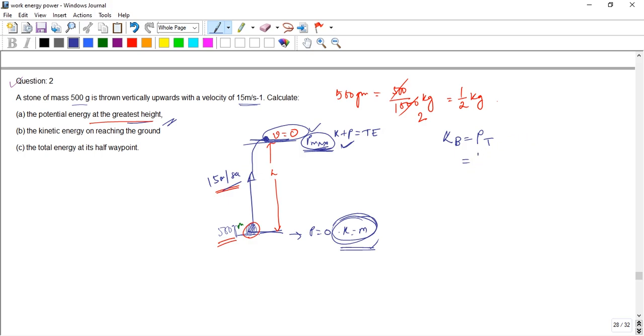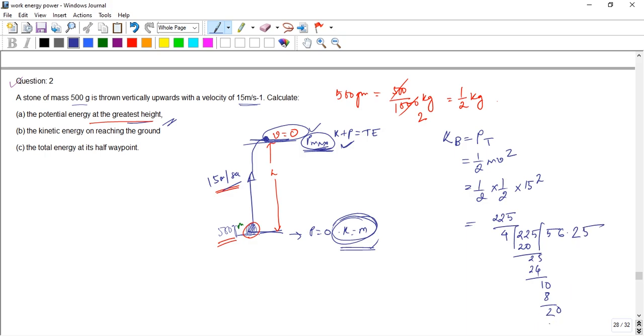That is equal to the very familiar half m v square. Half mass is 1 by 2, velocity is 15 square. The 15 square is 225, divided by 4. So the answer is 56.25 joule.